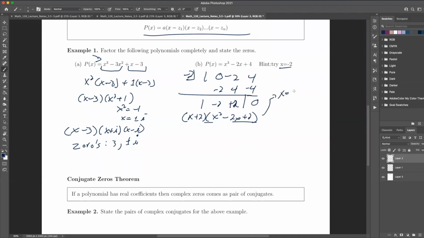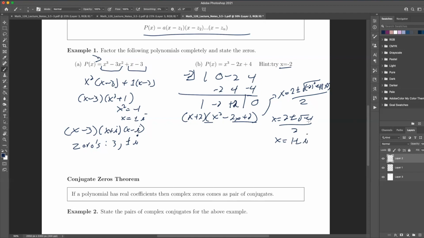So here I'll have x is equal to 2 plus or minus the square root of negative 2 squared minus 4 times 1 times 2, all over 2 times 1. So this becomes x equals 2 plus or minus the square root of negative 4, over 2. And so x is equal to 1 plus or minus i.